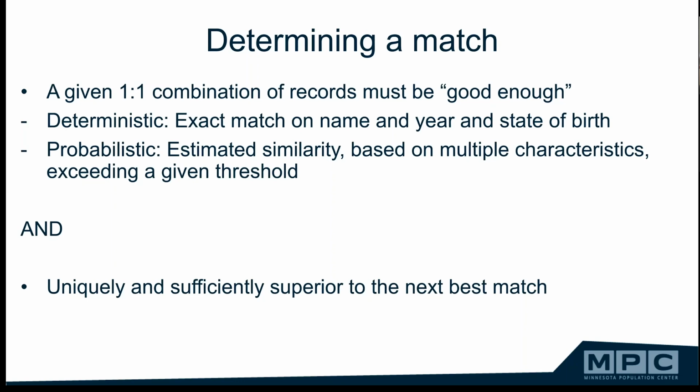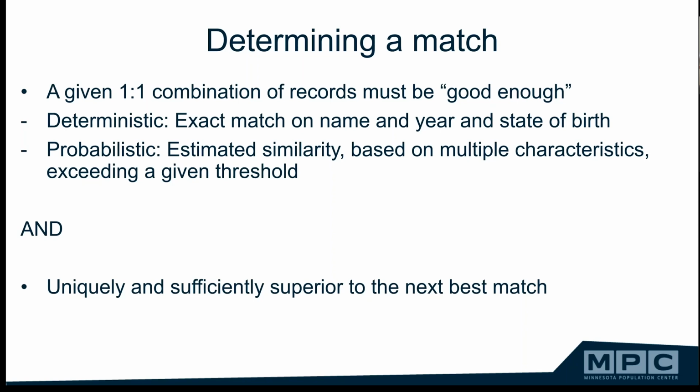And here it differs depending on whether we're using a deterministic approach or a probabilistic approach, where a deterministic approach typically requires there to be an exact name match, for example, and an exact match on year and state of birth. Conditional on those things being true, that constitutes a good enough match, right?